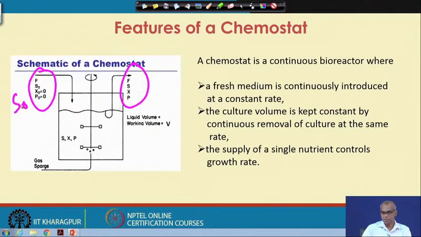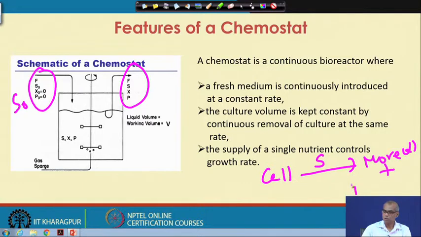So, in a bioreactor, you have microorganisms, let us call them cell. So, from cell it eats substrate and then it produces more cell. It can also produce product. For example, you may be interested in growing yeast in a chemostat, in a bioreactor.